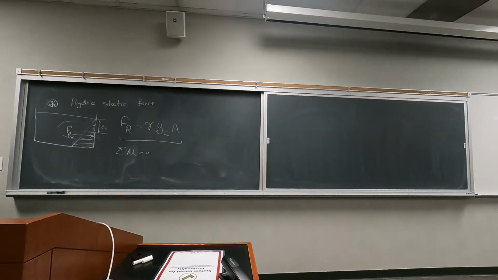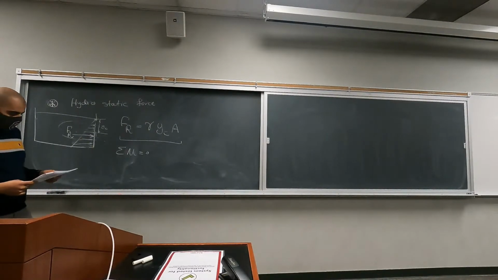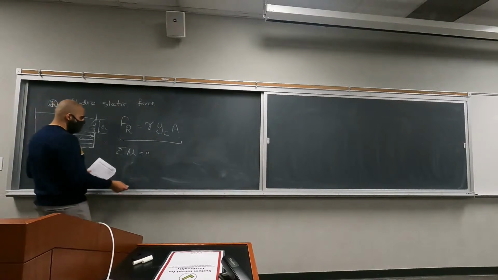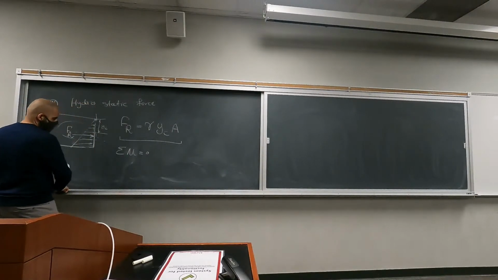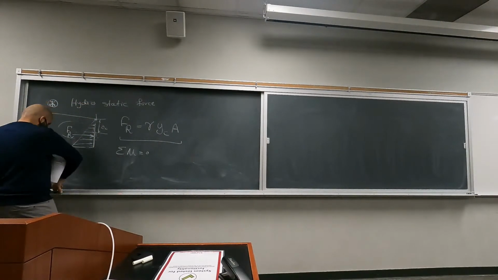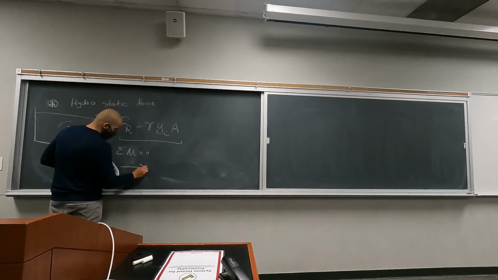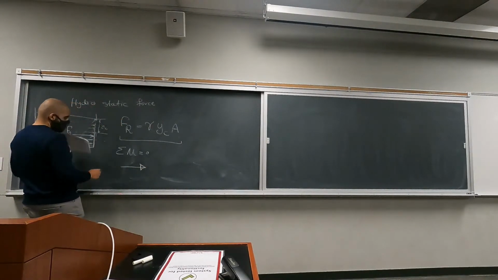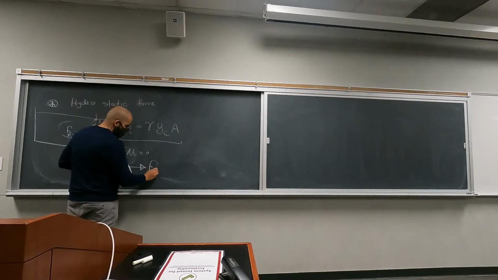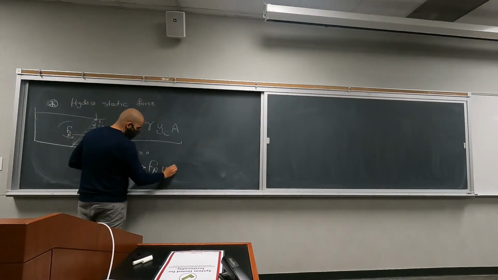The moment this resultant force makes is Fr multiplied by y. And for the rest of it, you just have to take the integral. So the moment this F makes is going to be Fr multiplied by y.